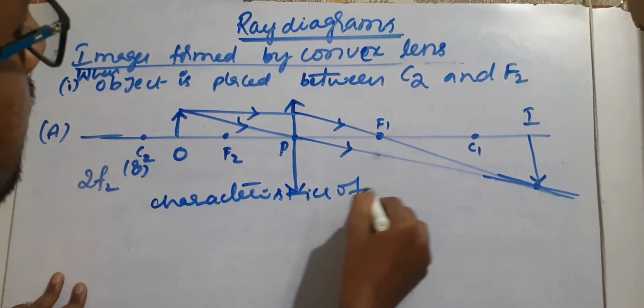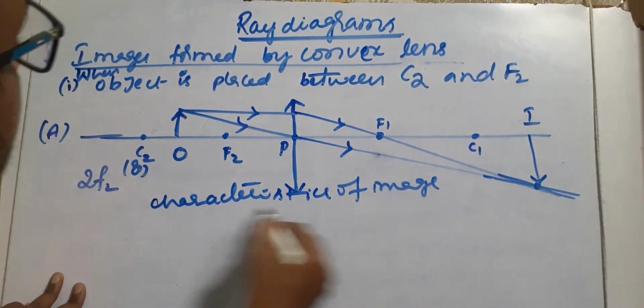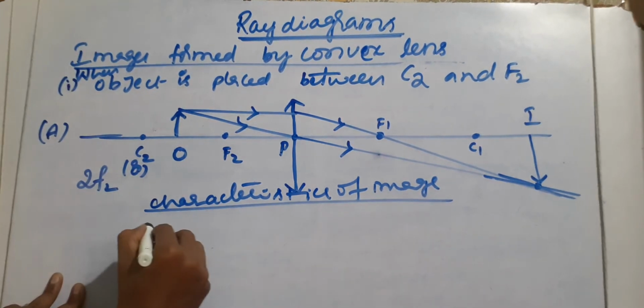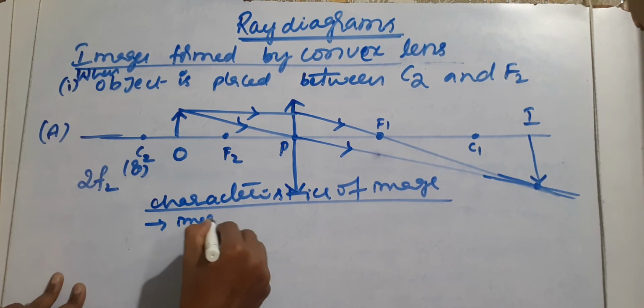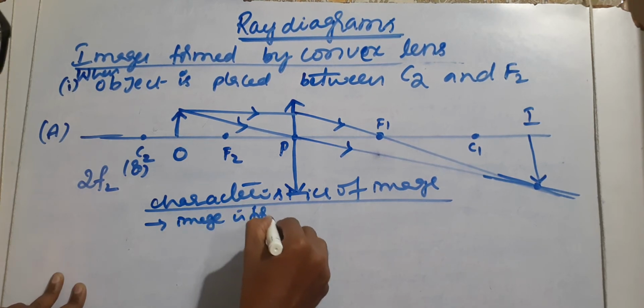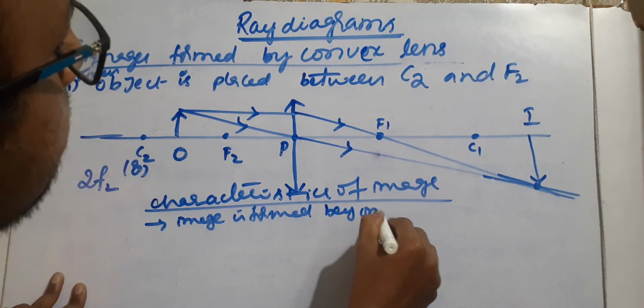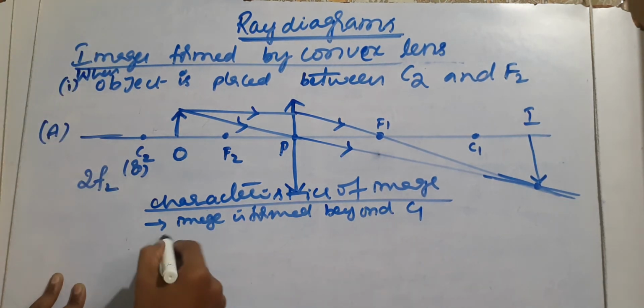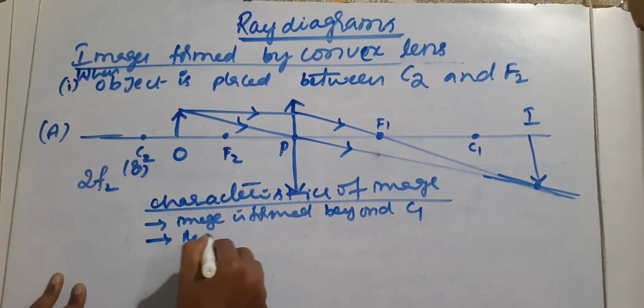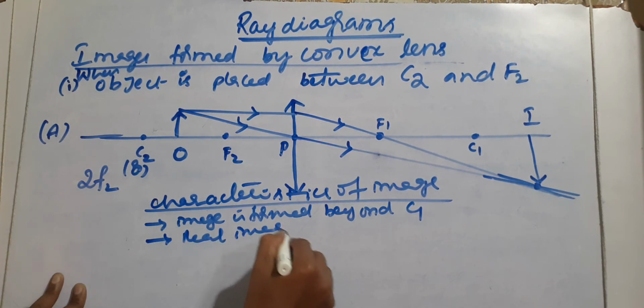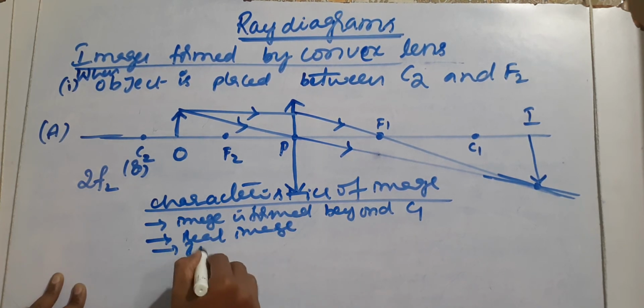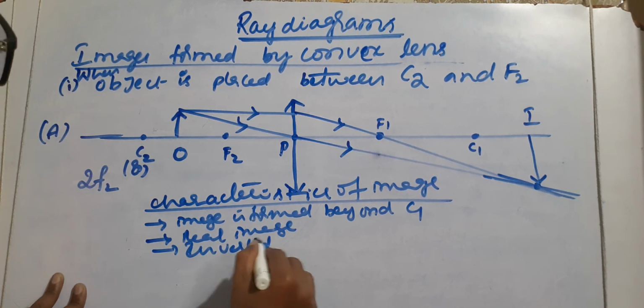So the characteristics of the image formed by the convex lens: the image is formed beyond C1, and this image is a real image. All real images are inverted images.